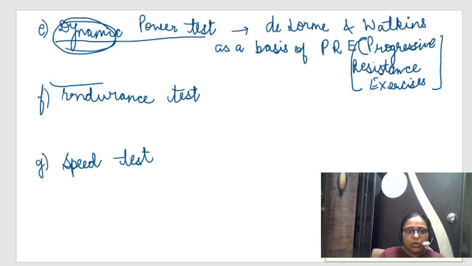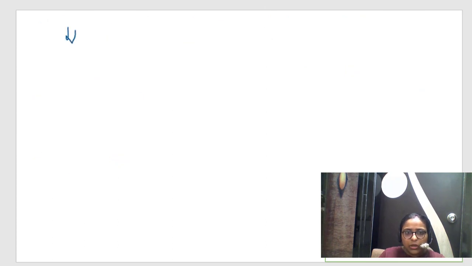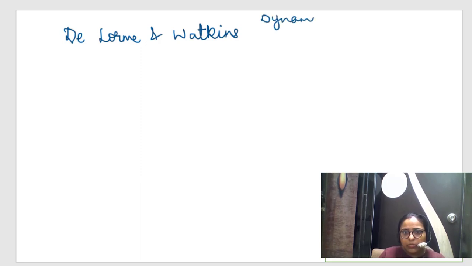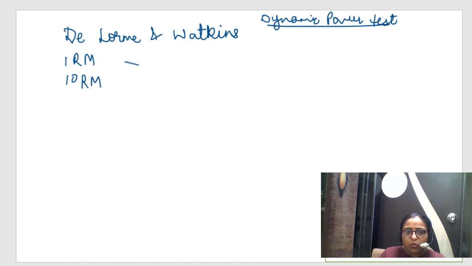So if we talk about Delorme and Watkins, dynamic power test, Delorme and Watkins proposed 1 RM and 10 RM, right, and these form the basis of your PRE, right.